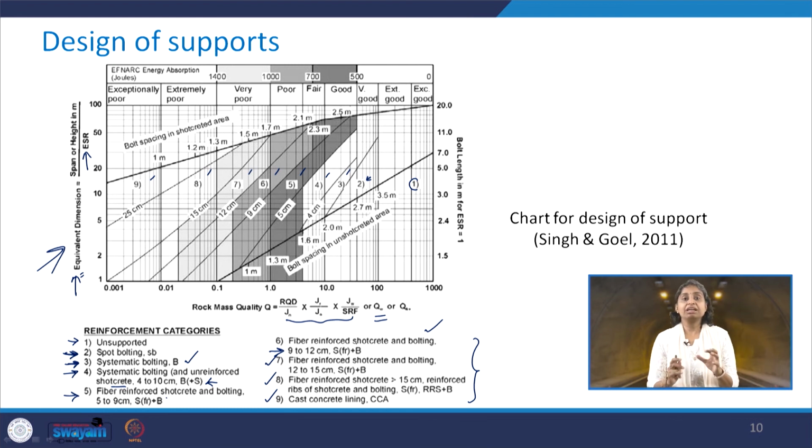So, knowing the equivalent dimension as well as Q, we can locate the point in this space, which is equivalent dimension versus Q, and accordingly wherever that lies, we can find out which will be the most appropriate type of reinforcement to be provided for such an excavation.